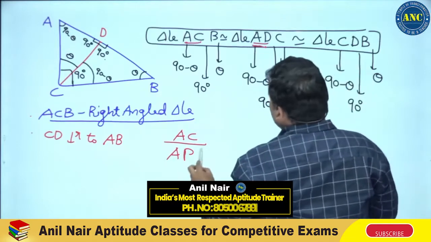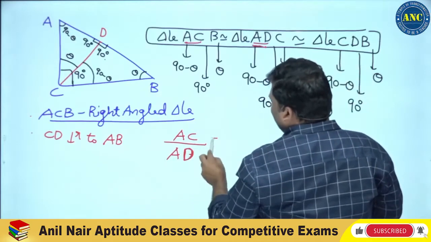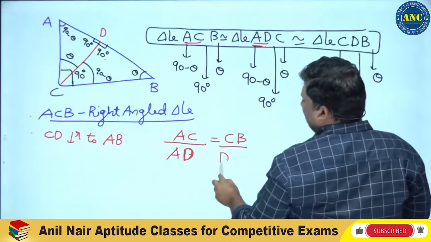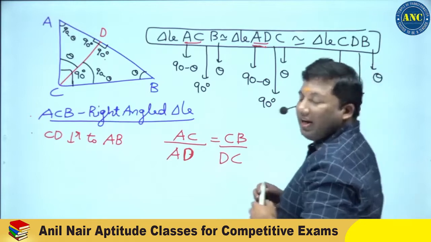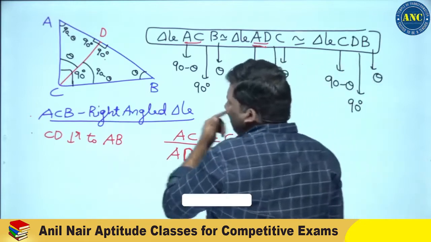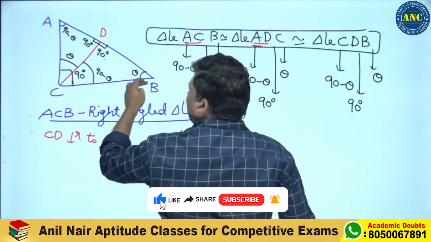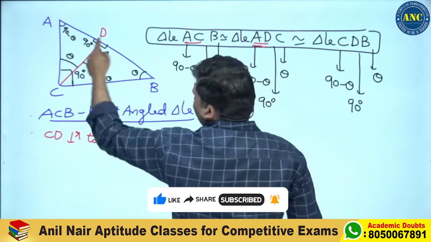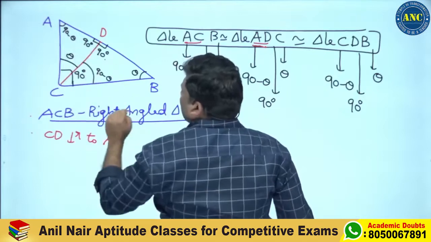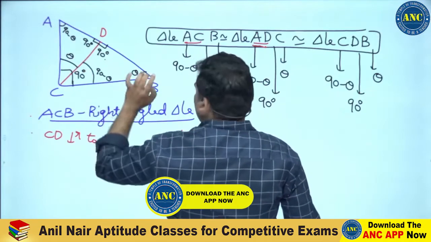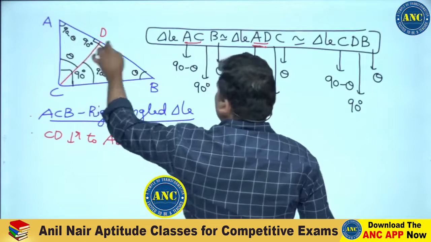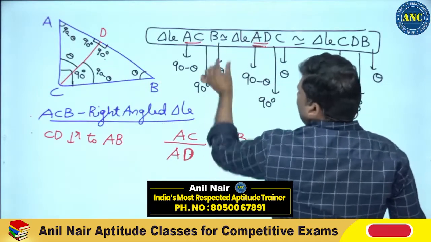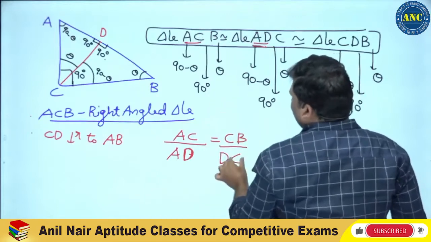AC by AD is equivalent to BC by DC. Can I write BC by DC? Let us see. In triangle ABC, BC is opposite 90 minus theta. In this triangle, 90 minus theta is CD. So first two, AC divided by AD is equivalent to BC divided by DC.